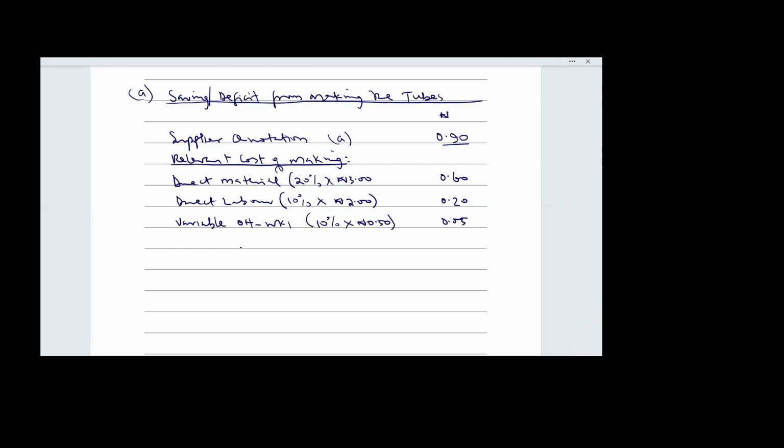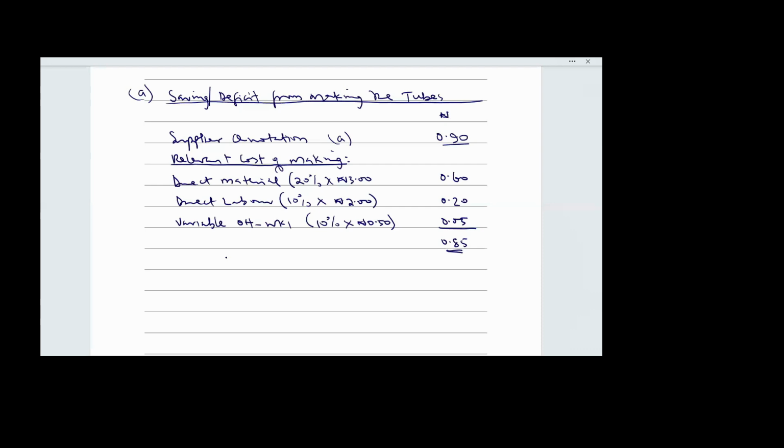So what other costs do we have? I think that's all the costs. In that case, I need to sum up. That will be 85 kobo. So that's the total relevant cost per box.